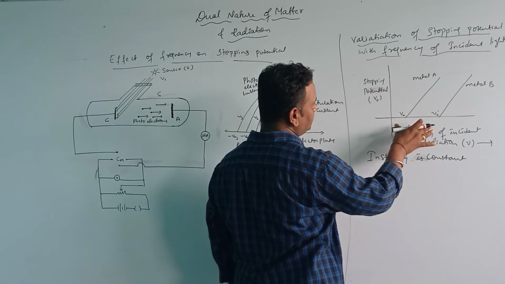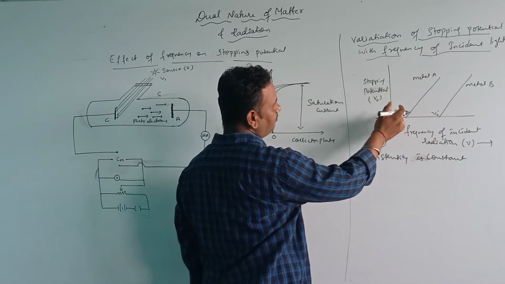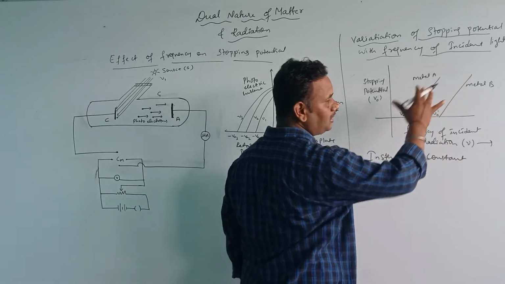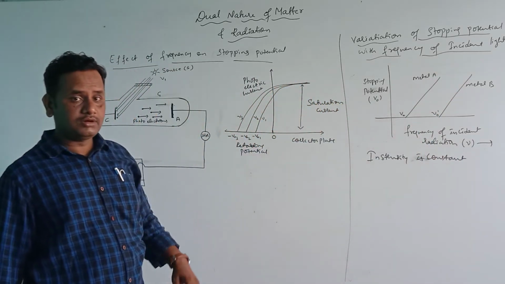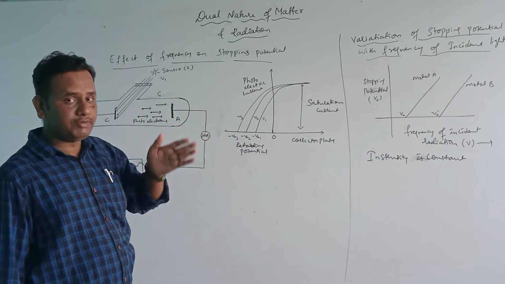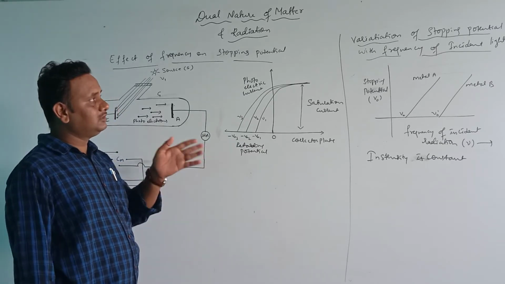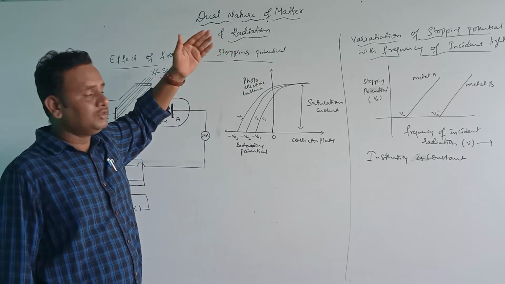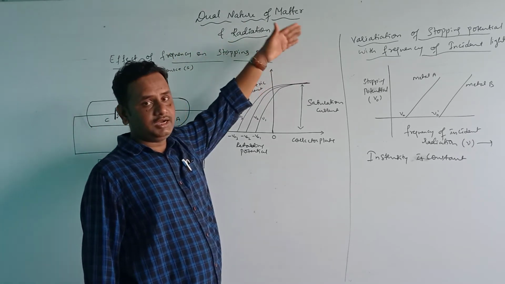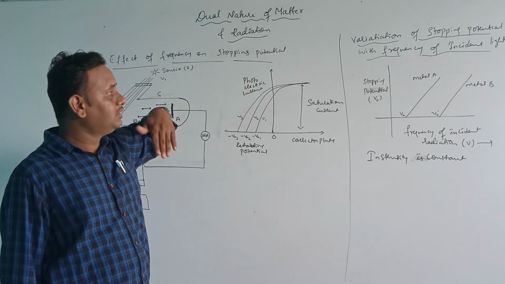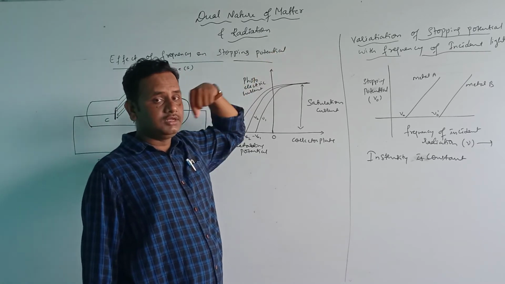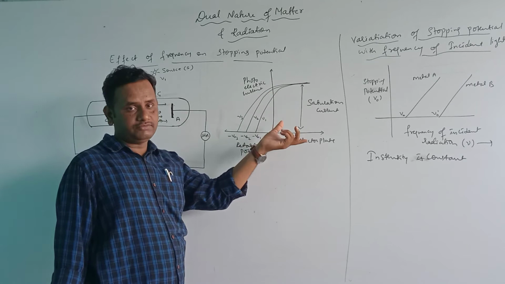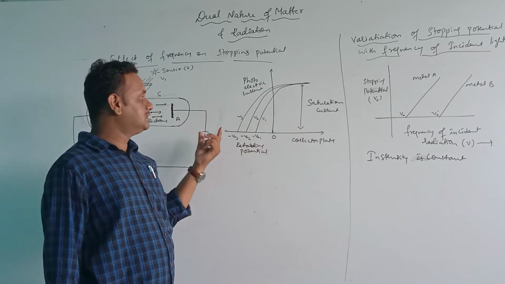So this is the graphical representation. We are plotting the graph between the stopping potential and the frequency of incident radiation for two different metals. In the earlier classes we studied the effects of intensity, frequency and potential, and lastly how the photoelectric current depends on the nature of the material of the photosensitive plate.